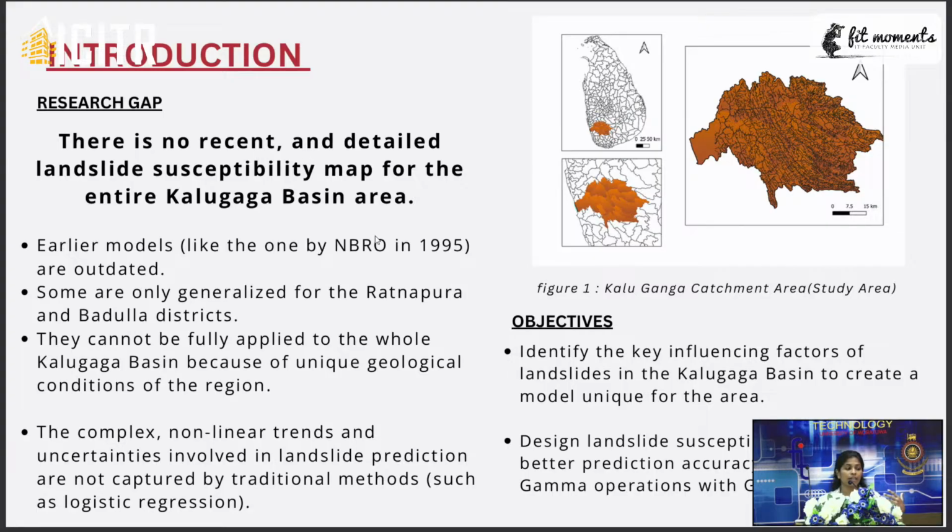NBRO has presented their landslide maps, but they are now outdated because they were made in 1995. Also, some other researchers have done work for districts like Ratnapura and Badulla, but they cannot be fully adopted for the Kaluganga Basin area due to the unique regional geological factors in the Kaluganga Basin area.